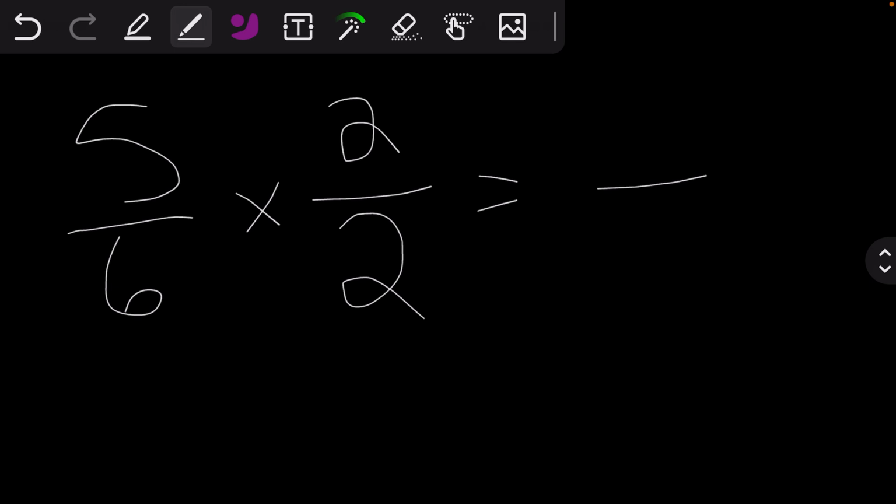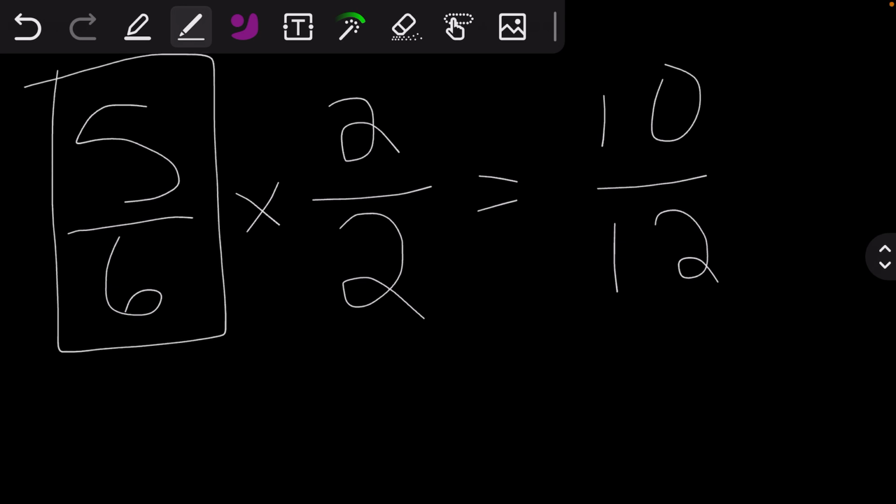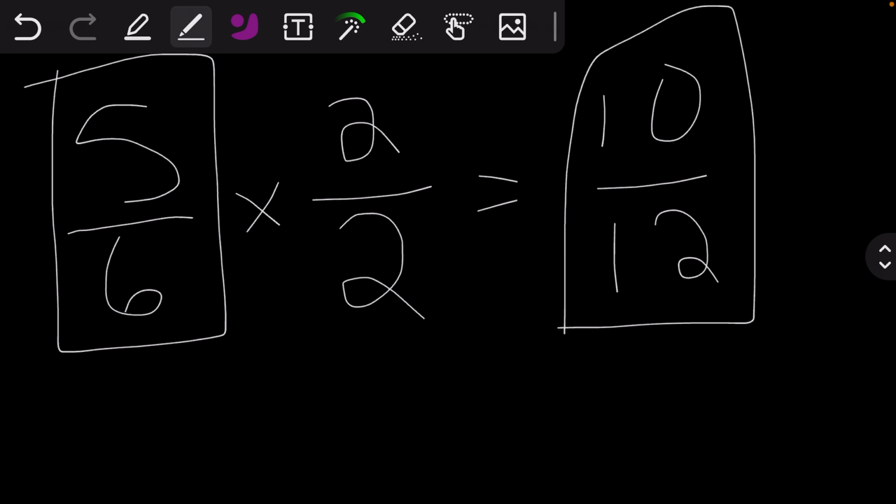So 5 times 2 is 10, and 6 times 2 is 12. And so 5 over 6 and 10 over 12 are equivalent fractions, because not only do they take up the same amount of space, but they use different numbers. If it's the same number, then we really don't even have to look at it.